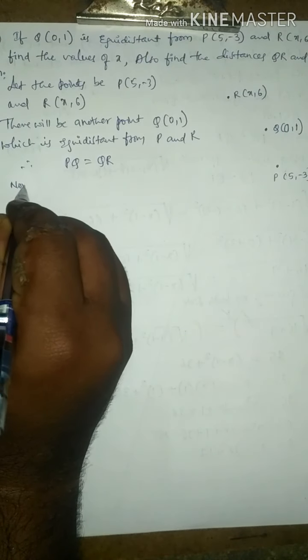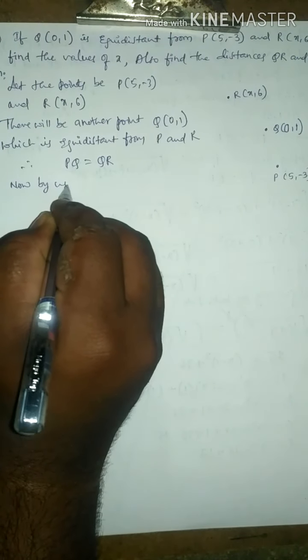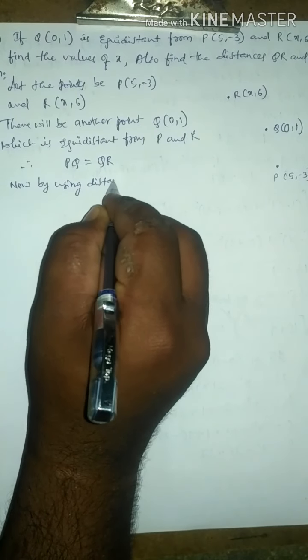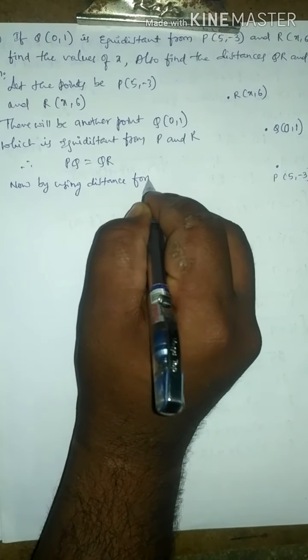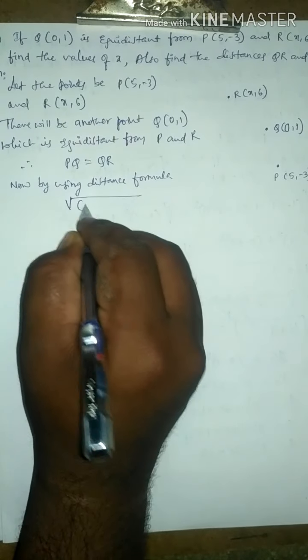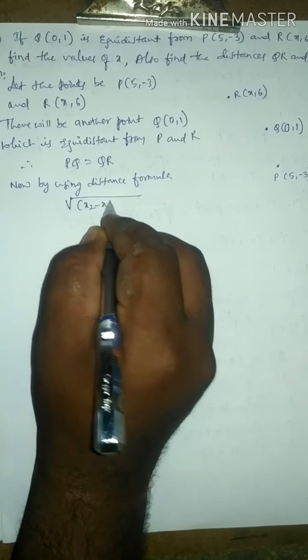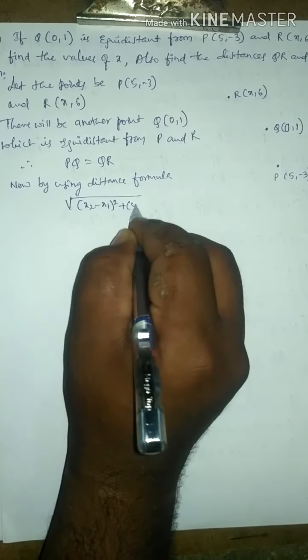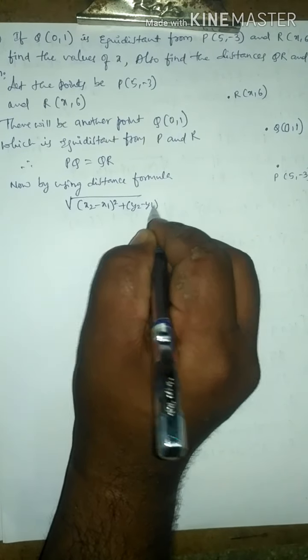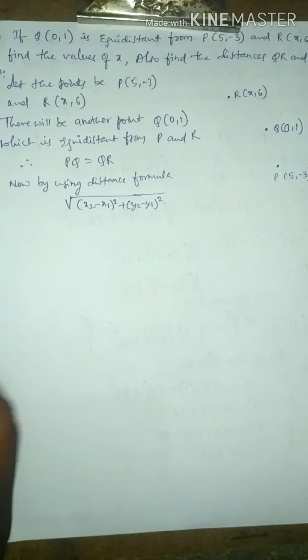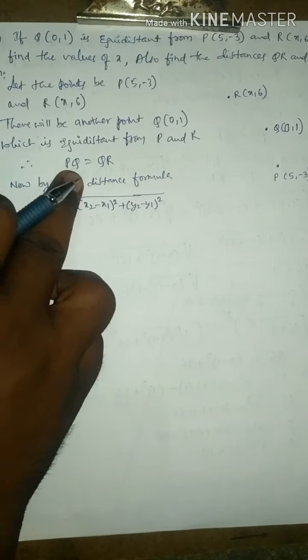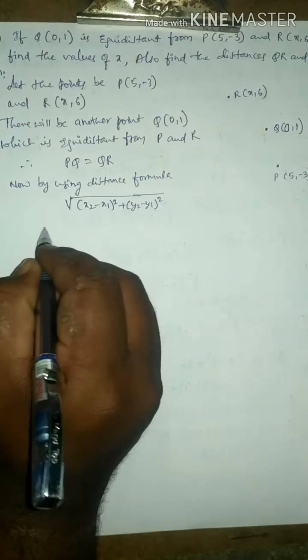Now by using the distance formula, what does the distance formula say? It is under root (x2 minus x1) whole square plus (y2 minus y1) whole square. So we have to use this distance formula for the PQ is equal to QR condition.